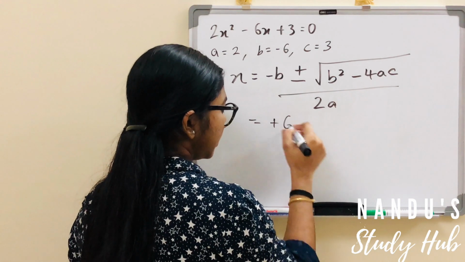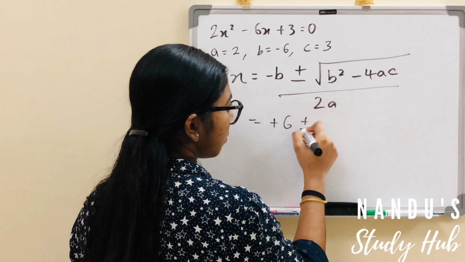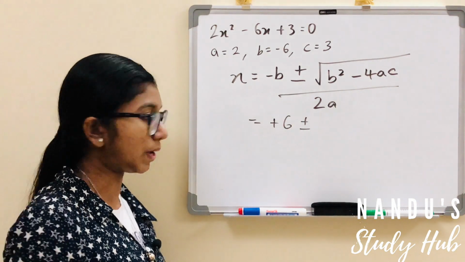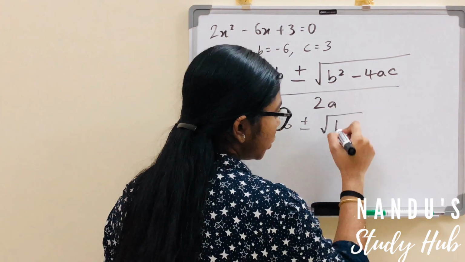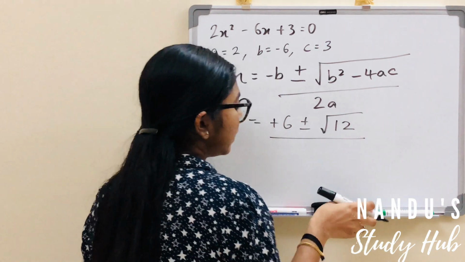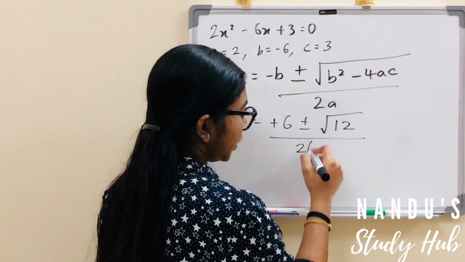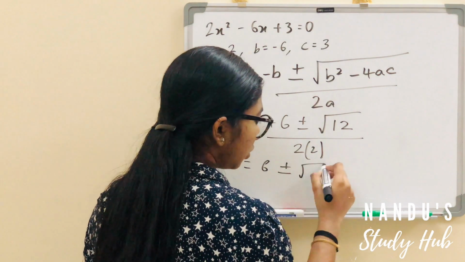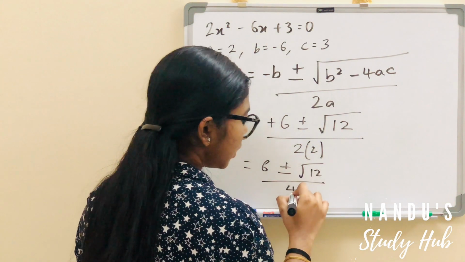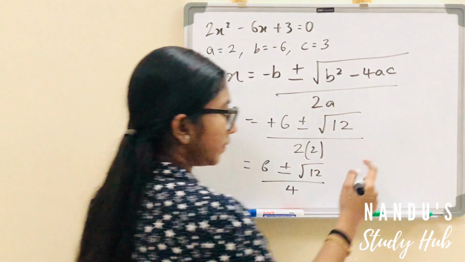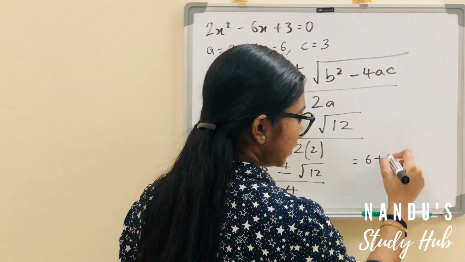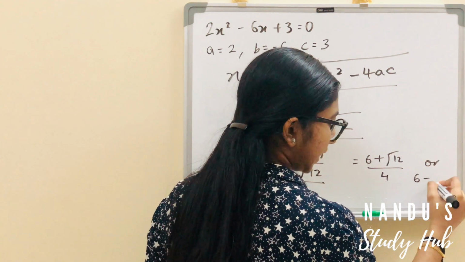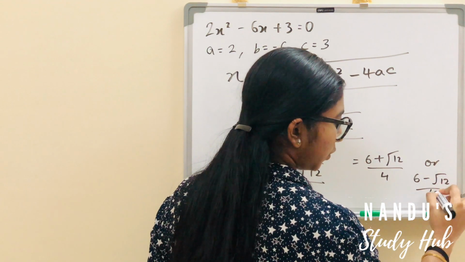So we can write plus 6, and then plus or minus. b square minus 4ac, we already found it as 12. So you can directly write root 12 by 2a, which is 2 into 2. So that will be 6 plus or minus root 12 by 4. Now you can split this up, which gives us 6 plus root 12 by 4, or 6 minus root 12 by 4.